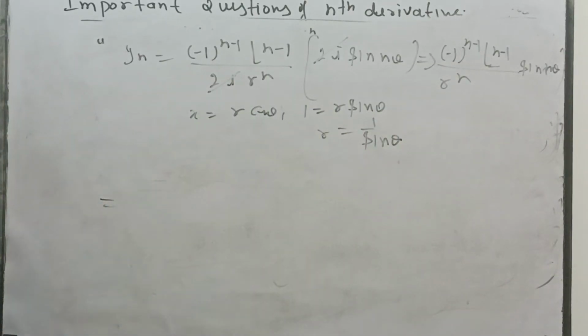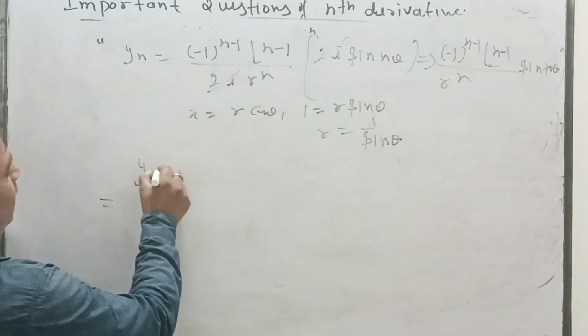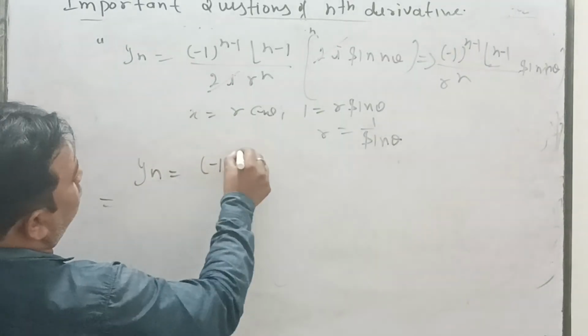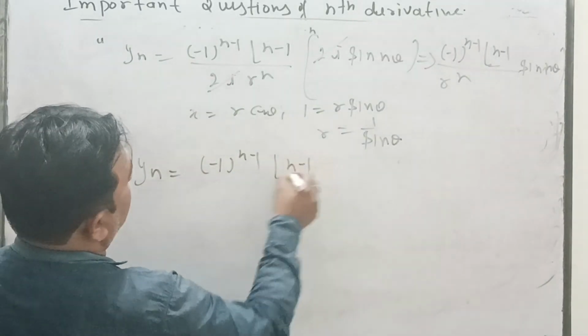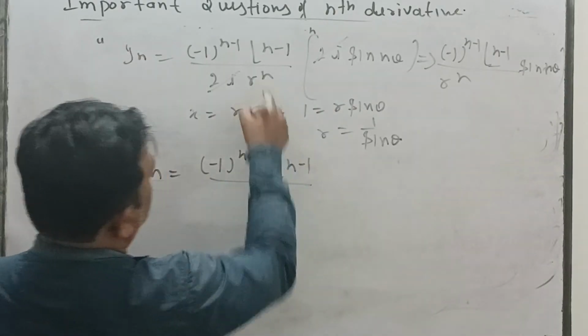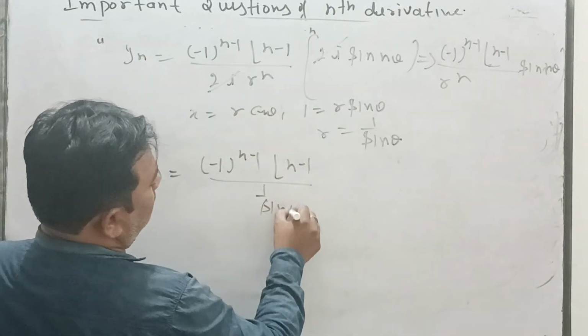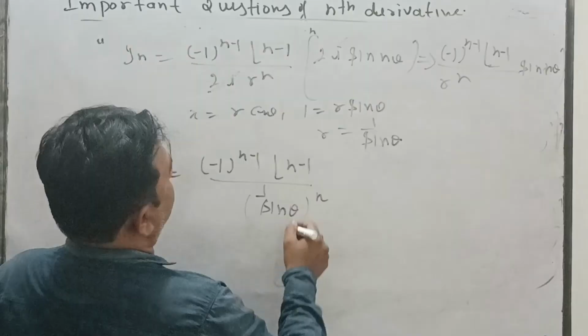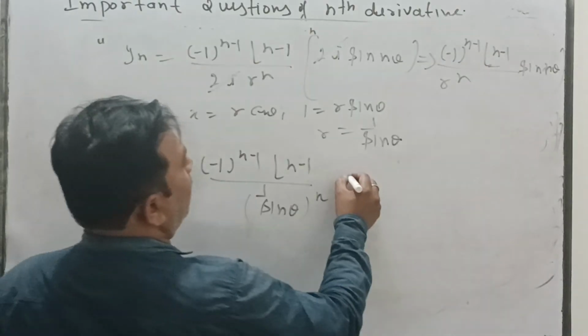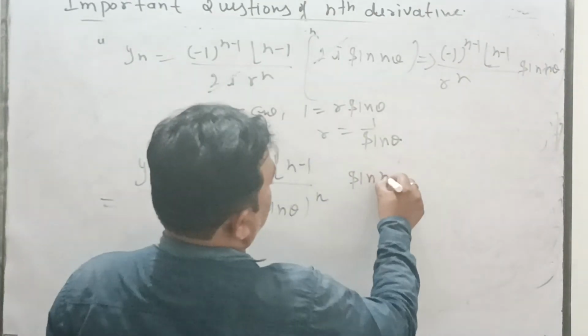You put the value of r in place of this. So y_n equals minus 1 to the power n minus 1, factorial n minus 1, times 1 upon (sin theta) to the power n, and sin n theta.